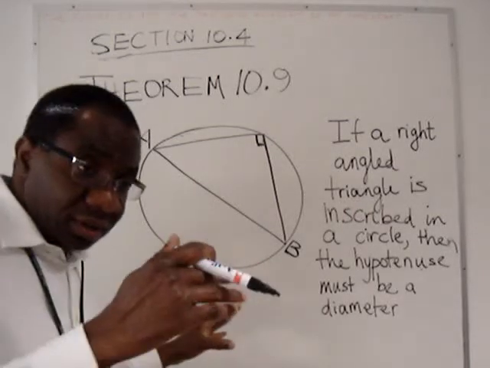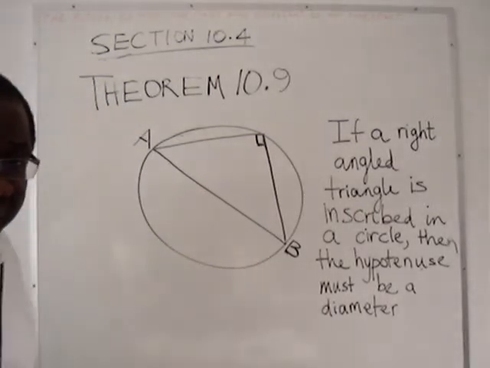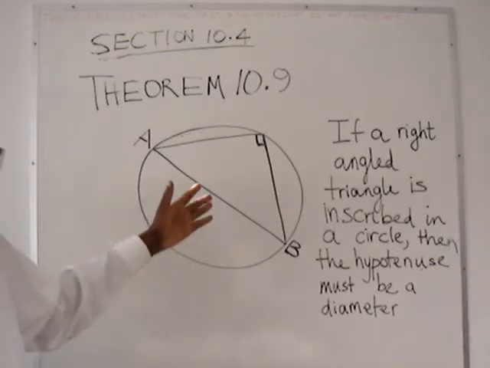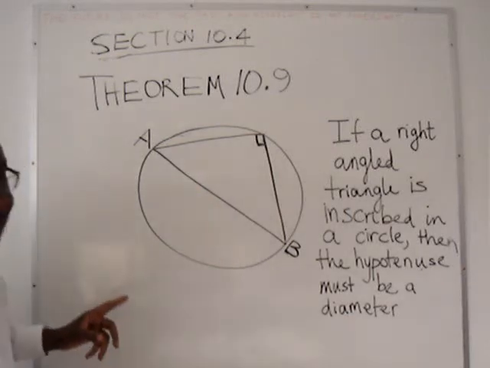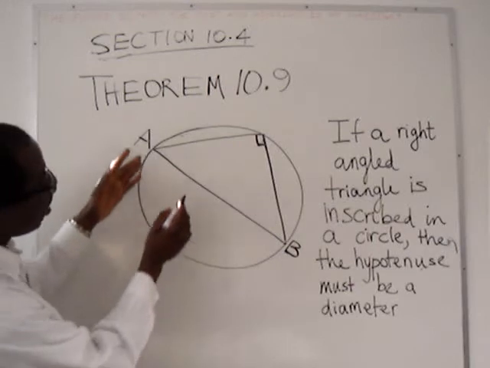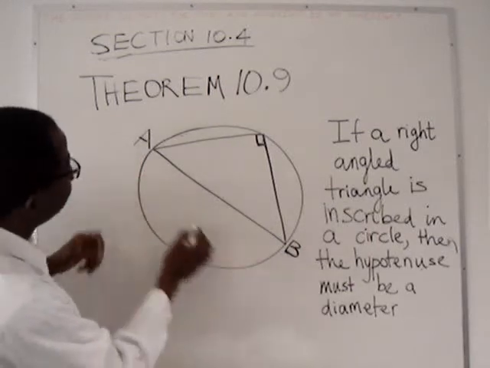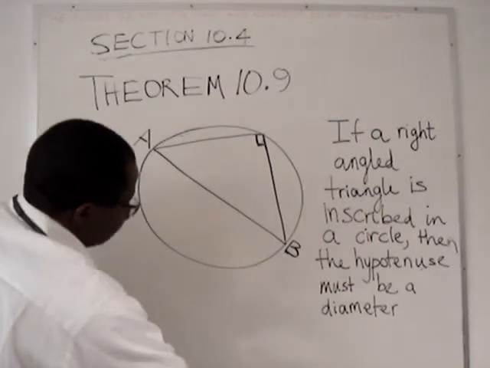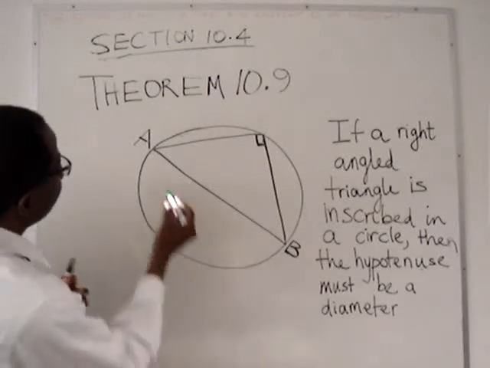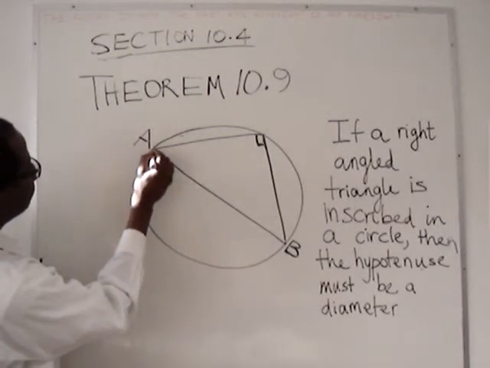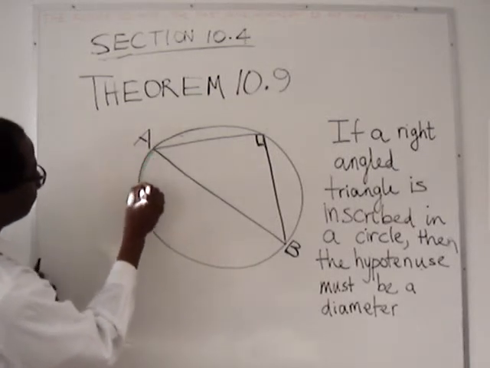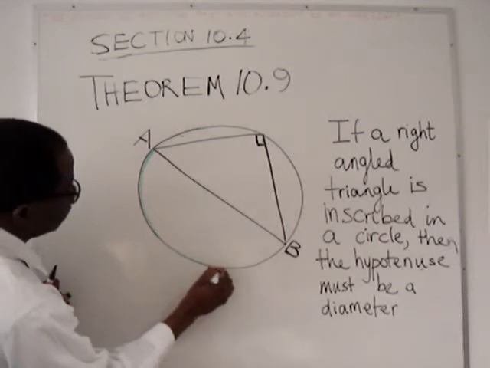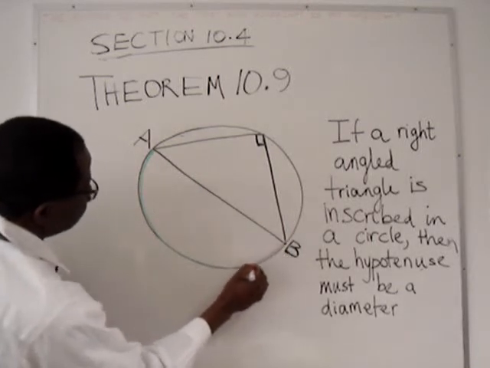Again, if you accept theorem 10.7, this one follows. Because remember, what is the arc in this case? The arc is this. Arc AB is this.